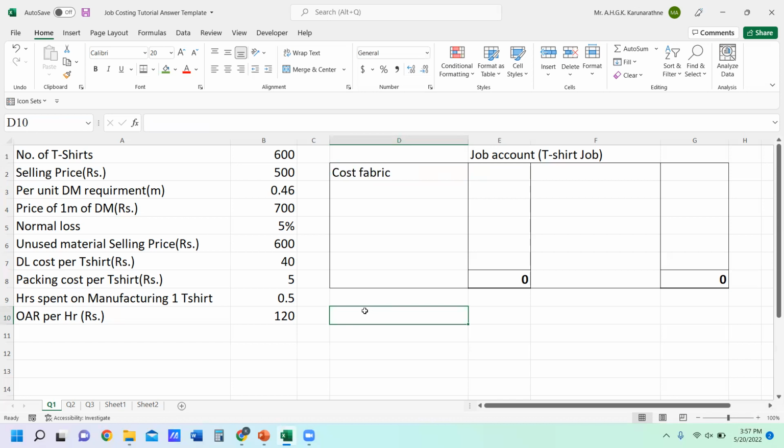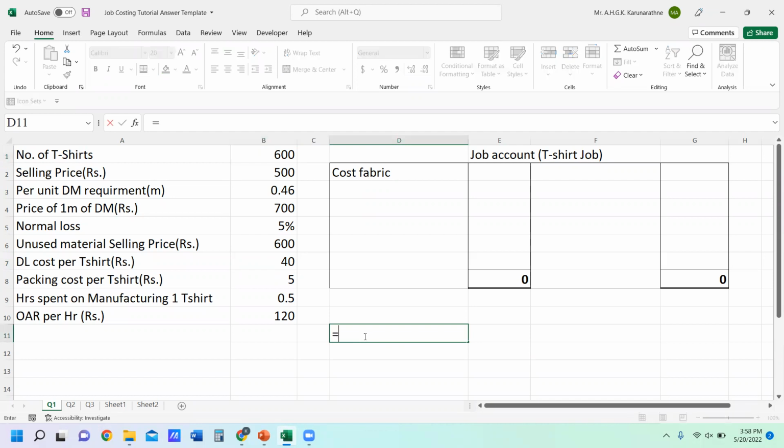Now we need to identify the number of meters of fabric we use for delivering this particular t-shirt. It is said normal loss is 5%, and per t-shirt you are required to use 0.46 meters of fabric.